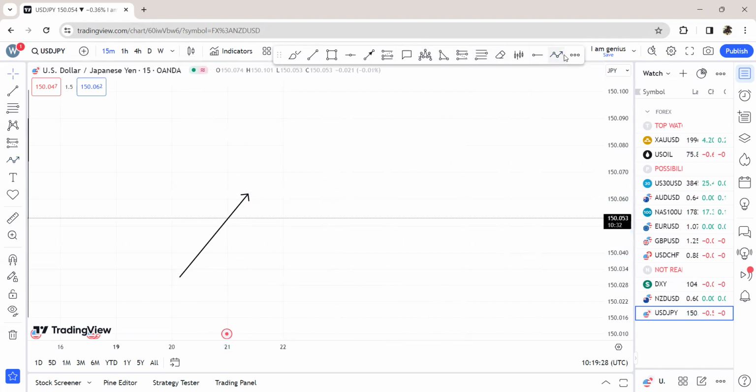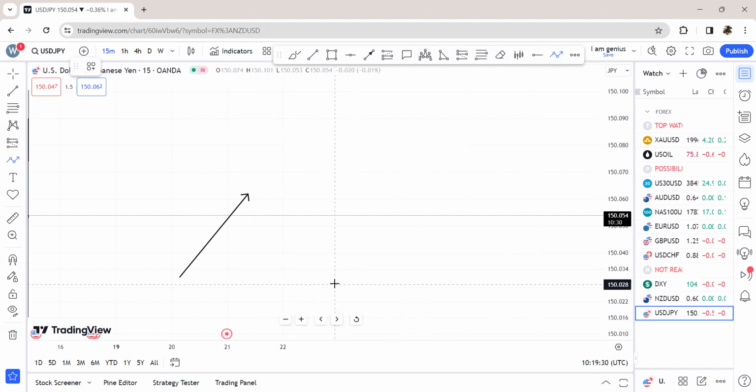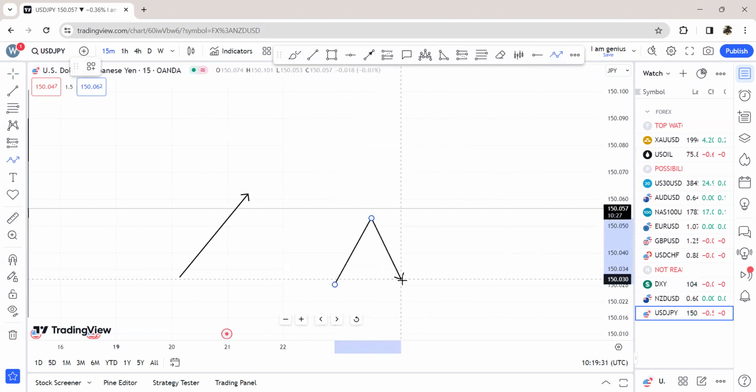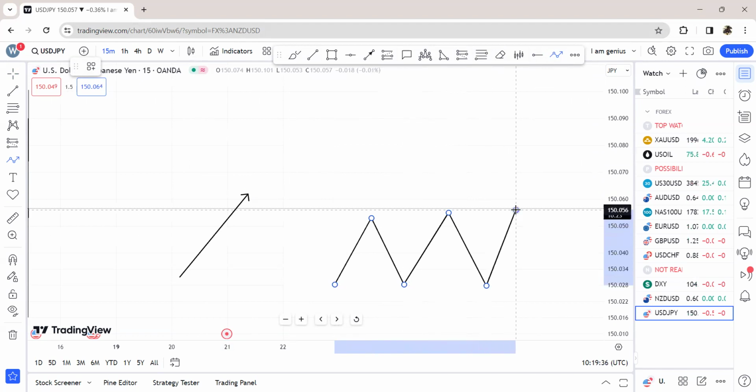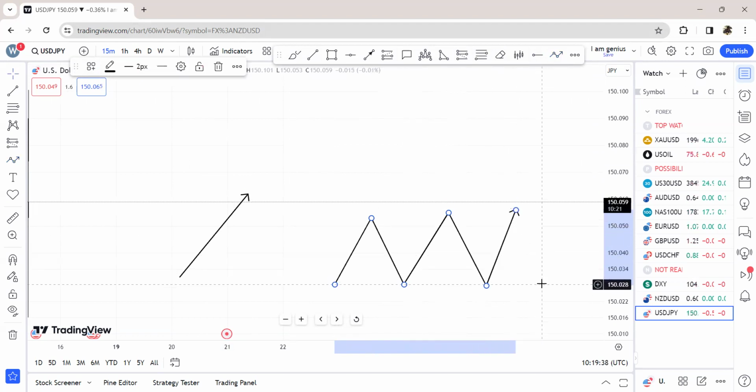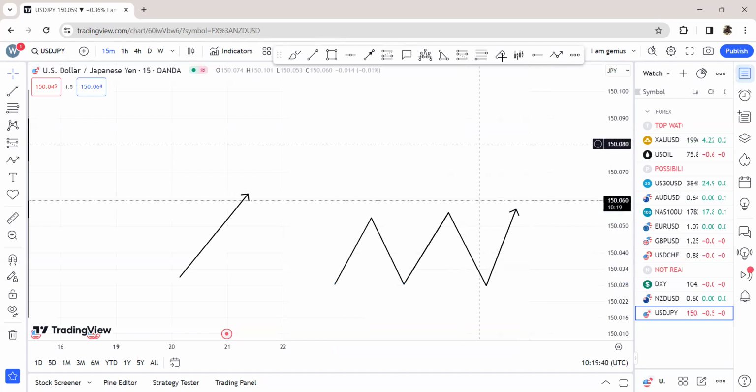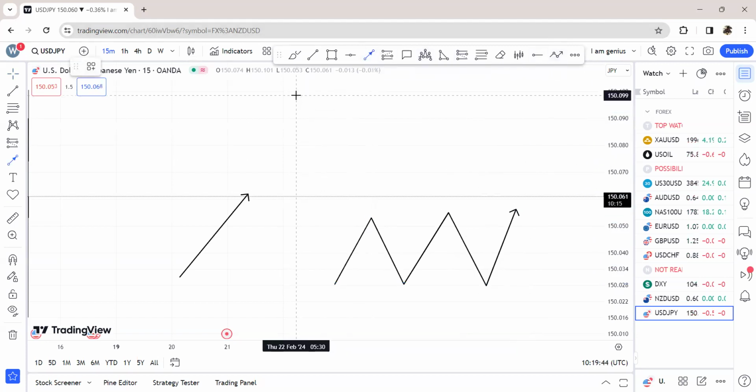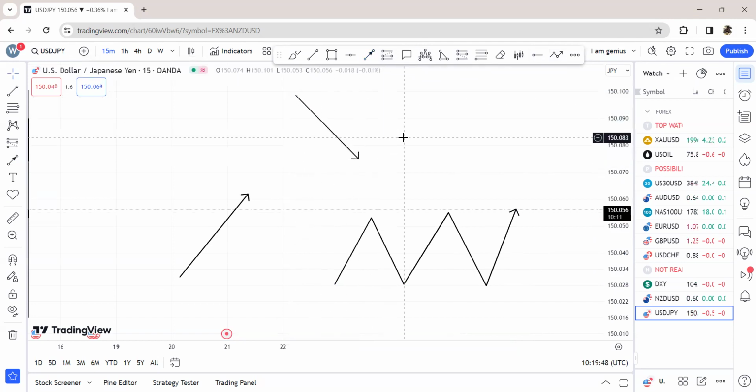Then we have a sideways market, which is moving within a specific range like this. It is also known as a consolidating market. We have that, then we have a downtrend where the market is going downwards like that.